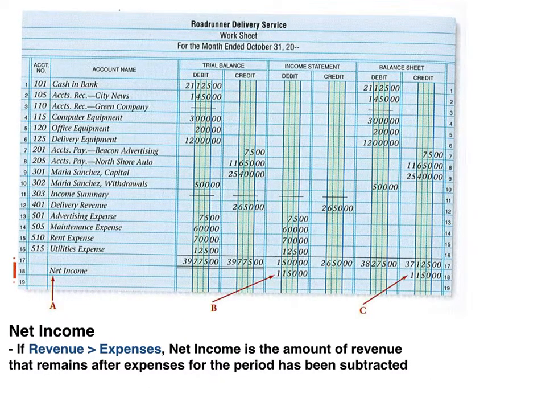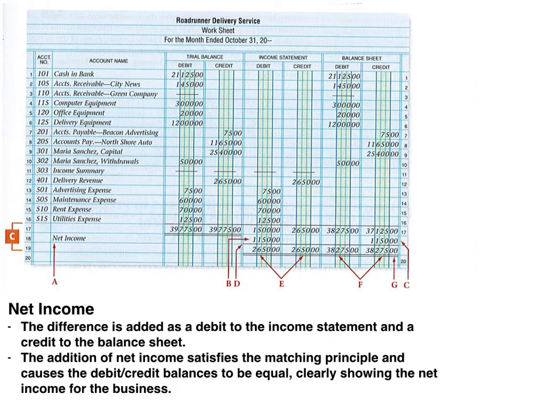Let's look at net income first. If our revenue is greater than our expense, which is what we want to have, then the net income is the amount of revenue that remains after expenses for the period have been subtracted. In this case, you can look and see that the difference is $115,000.